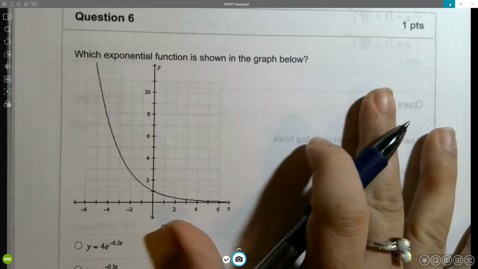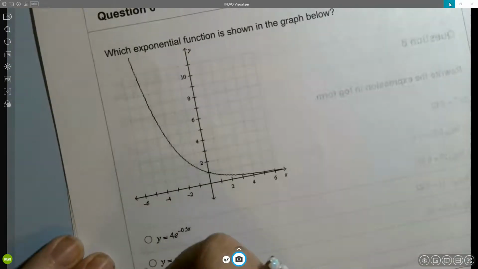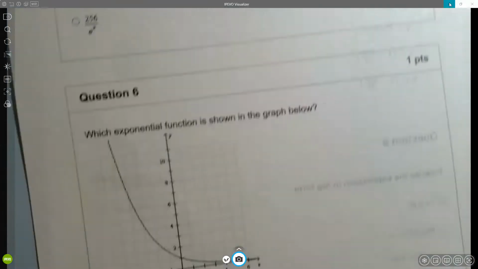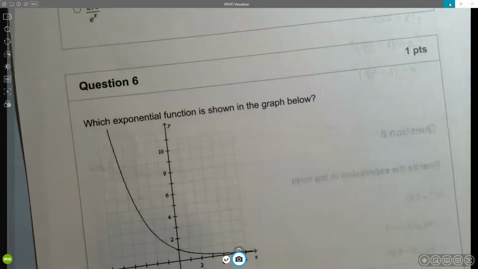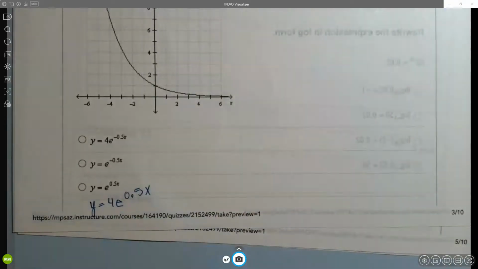Number 6 wants me to say which exponential function is shown in the graph below. What I can do, there is a fourth choice that is not showing up. y equals 4e to the 0.5x. I can go ahead and graph my 4 choices on Desmos.